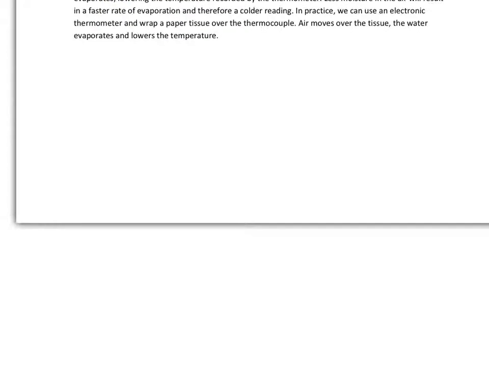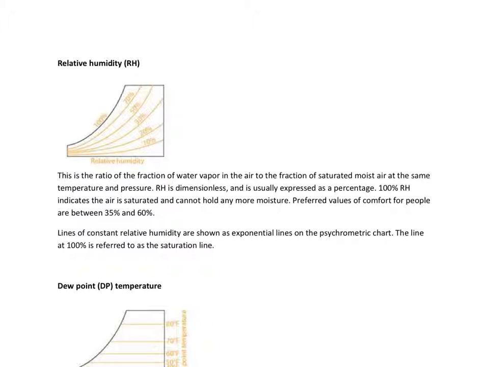The next topic that we'll look at here is relative humidity. So relative humidity is something that we're used to on a daily basis. Typically a weather person will talk about the temperature, the probability of precipitation, and also talk about the relative humidity.